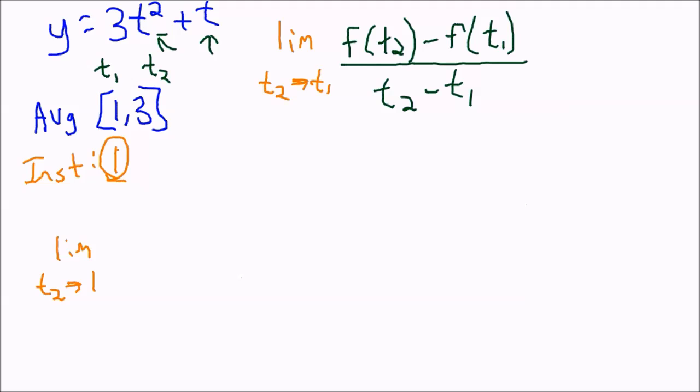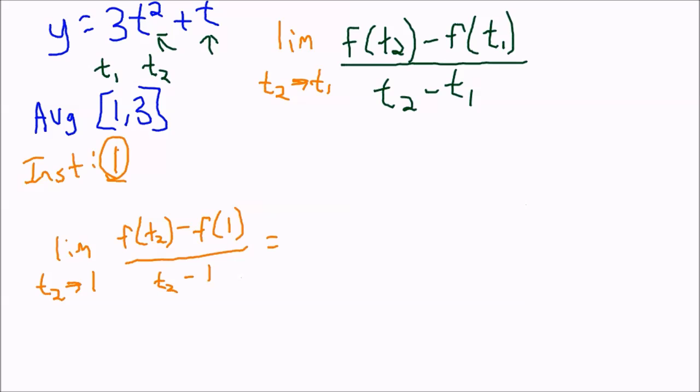So then let's fill out the rest of this. This is going to stay f of t2 minus f of 1, since that's what my t1 is in this case, over t2 minus 1. Let's plug t2 and 1 into our function for the numerator.